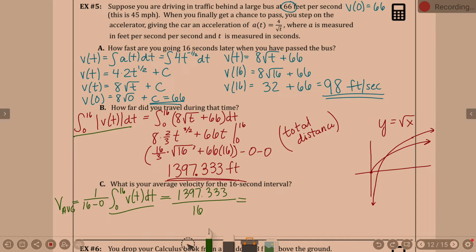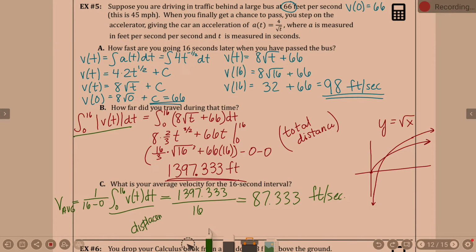So what do we have? 87 with a whole lot of threes, and that is going to be feet per second. FPS is also frames per second, but in this case it's feet per second.